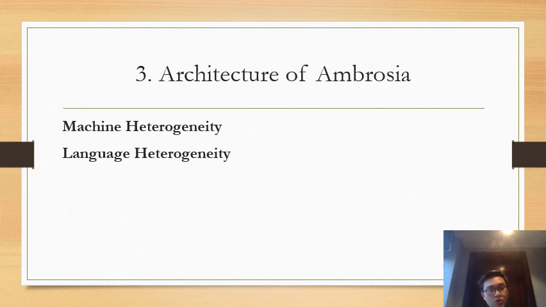So you can use multiple languages to implement the application code as long as the two Immortal coordinators agree on the same protobuf file. It is fine. You can use either Java, Python, Go, or C++ to do the actual application code. So this guarantees language heterogeneity.